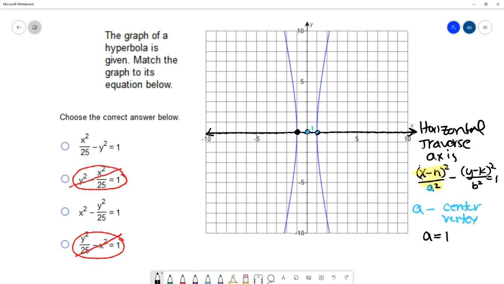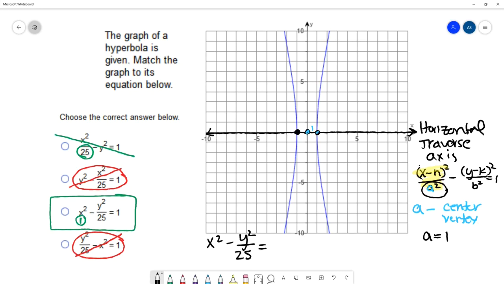And so what's going to go underneath my x term is 1 squared, a squared. On this one I have 25, and on this one I have nothing, which is dividing by 1. So now I know that this must be the right answer, and this one we can eliminate. So the equation of this hyperbola is x squared minus y squared over 25 equals 1.